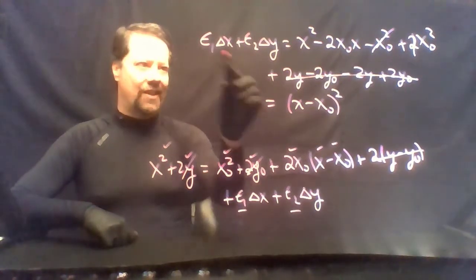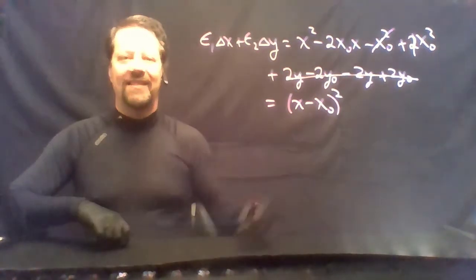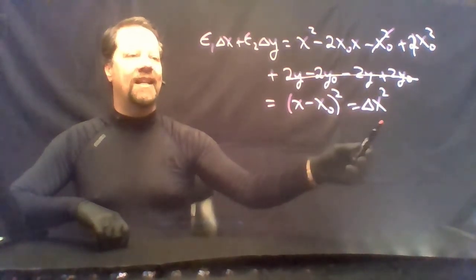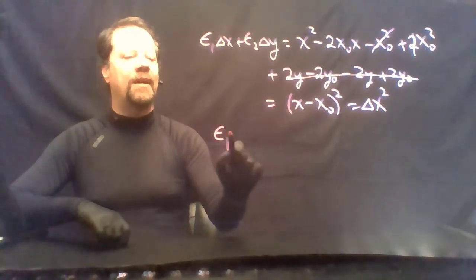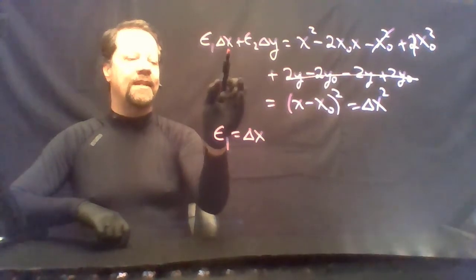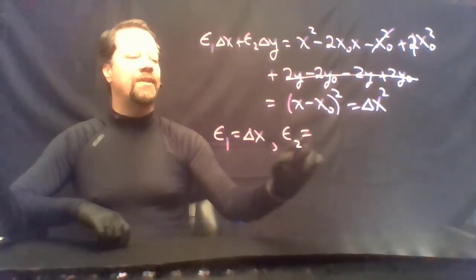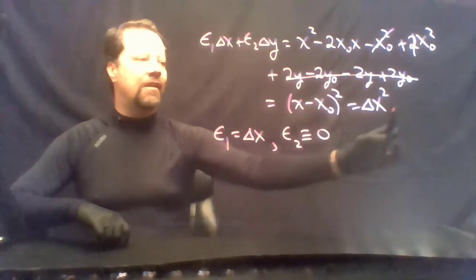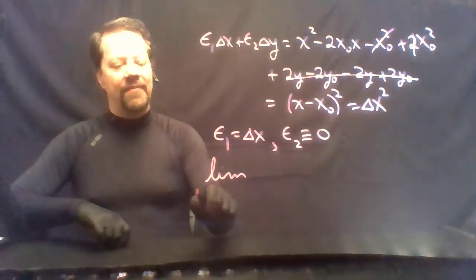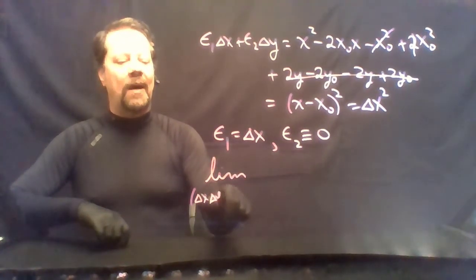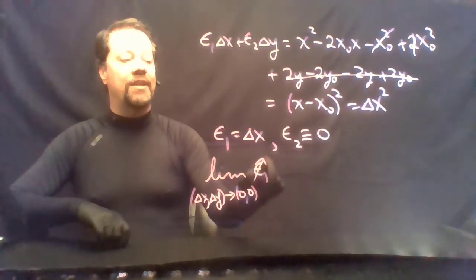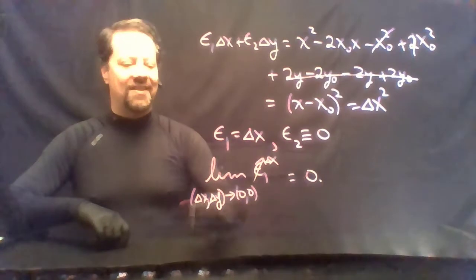Now we need to make some matchings here on each side of this equation. If x minus x naught is delta x, we have delta x squared on the right-hand side. On the left, you can see that epsilon 1 is delta x, so that you get delta x times delta x. Also, epsilon 2 is identically 0, because there are no delta y terms over here at all. Also, note that in the limit, as delta x, delta y goes to 0, 0, epsilon 1, which is delta x, tends to 0.